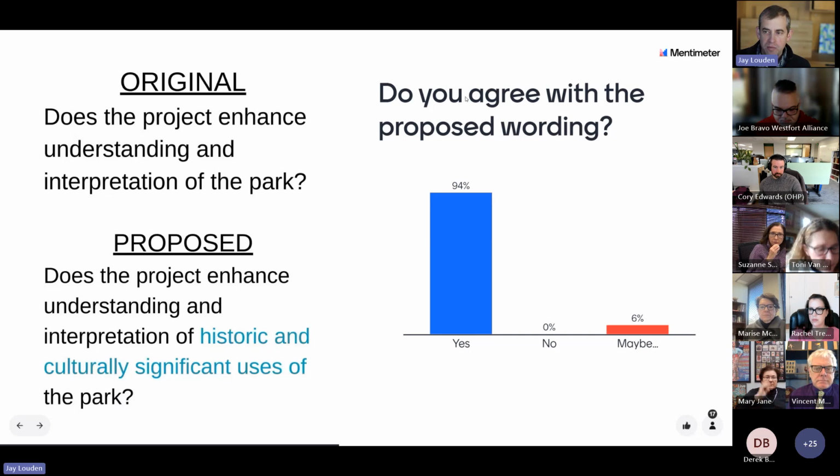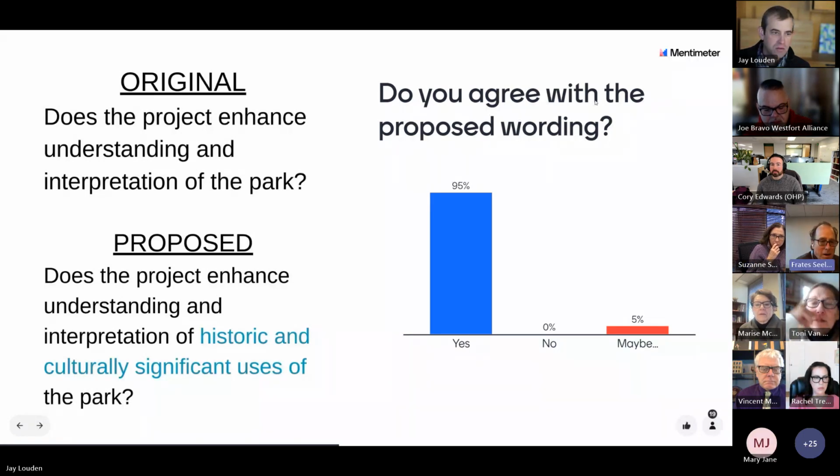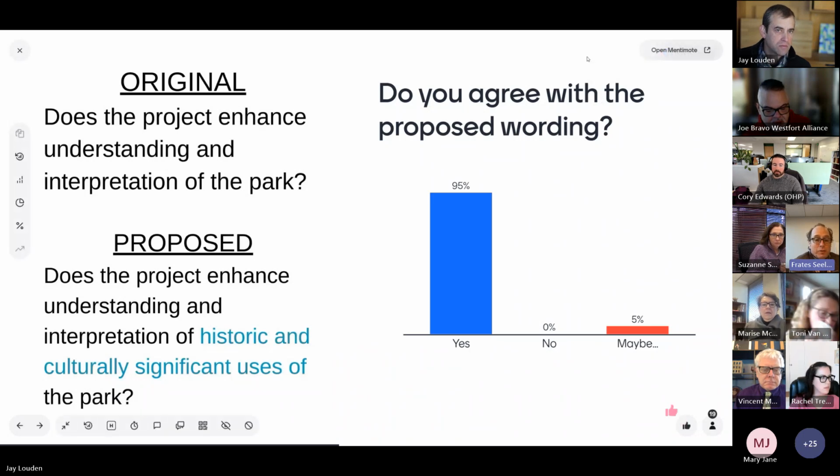Okay. We've got a maybe. Feel free to jump in. Freitas? I voted yes for it, but not every project is going to. Some projects just won't get this point on the scoring rubric.